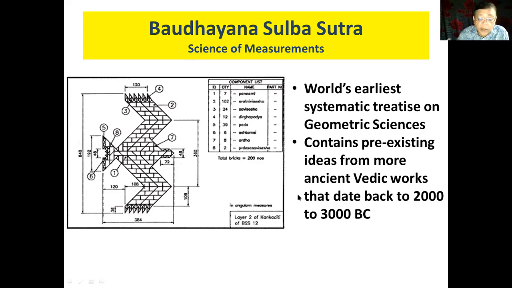You can see how much people were aware of not only numbers, decimal system, trigonometry and all, but they could do very fine calculations of areas and measurements of the building or Vedi to be made.